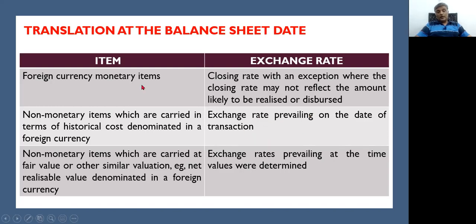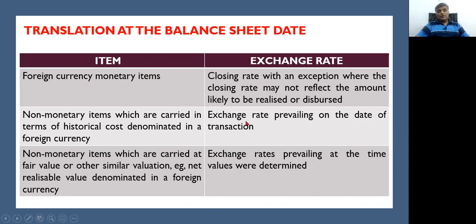Creditors you initially recognize at 4,50,000, but it is a monetary item, so you have to recognize it at the closing rate. Assuming the closing rate is 48, it becomes 4,80,000. So the difference is 30,000 there. You may not have an exchange difference in the non-monetary item, but correspondingly you may have an exchange difference in the monetary item. Let's be very clear. Look at an example.